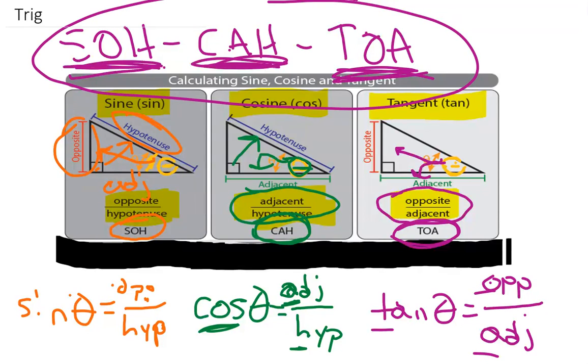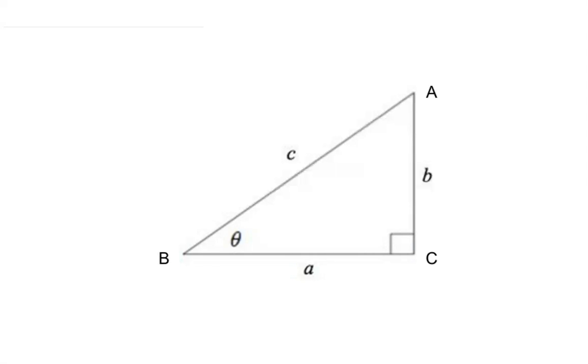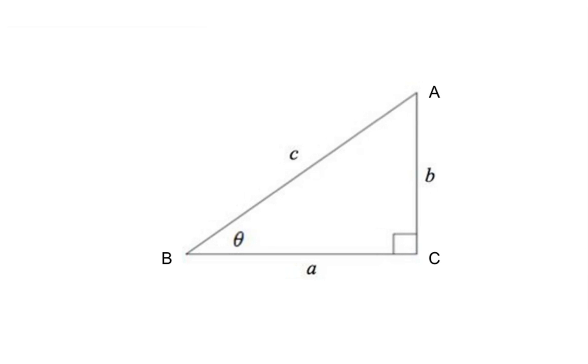Now if we look at a triangle, and it's got to be a right triangle, we can set up the three different trig functions. Now remember, I'm setting these up with regards to whatever angle that I'm looking at. So if I'm looking at the sine of theta, that means I'm looking at this angle here. This is my theta angle.